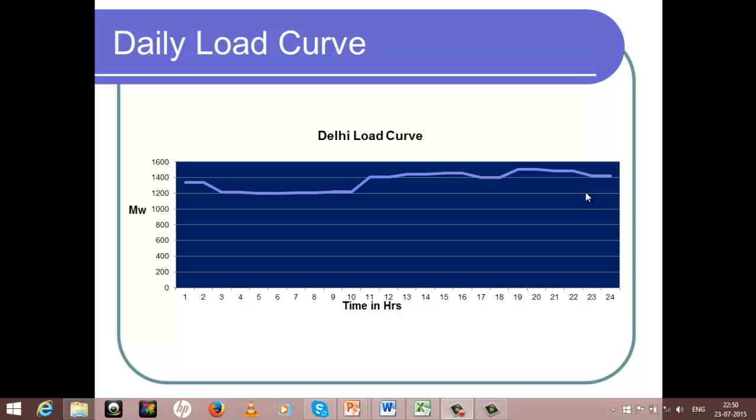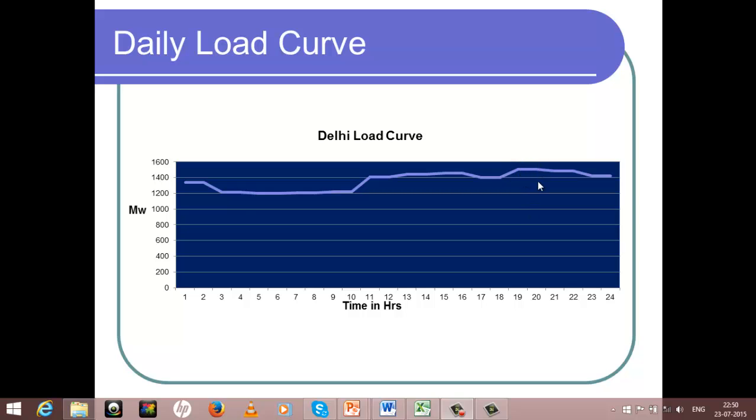And if you want to see the peak power consumed, if you see here, between 19 and 20 is the time where you are consuming peak power.